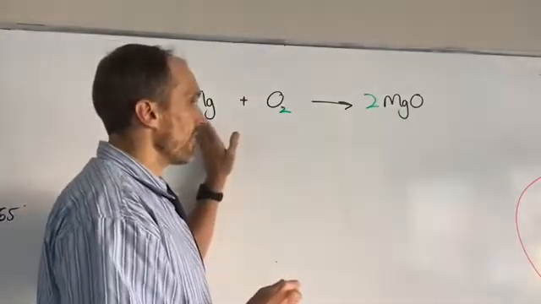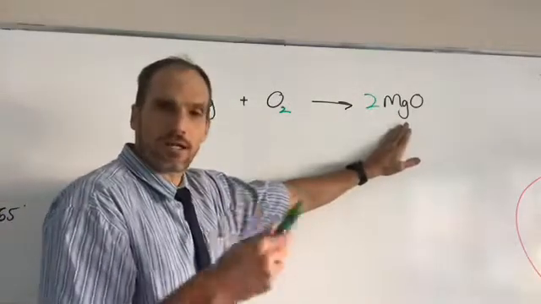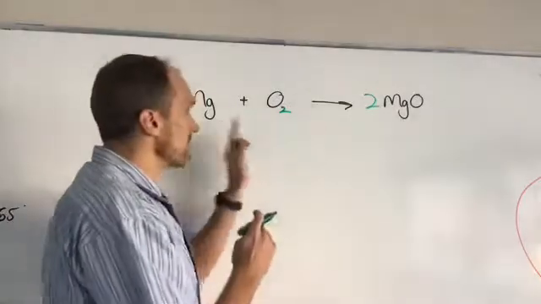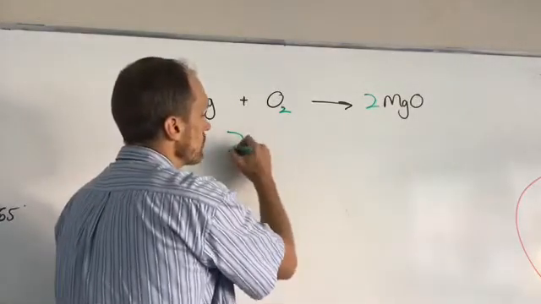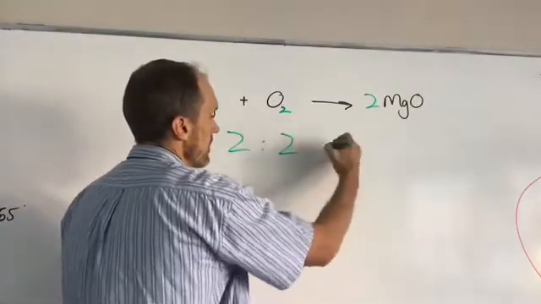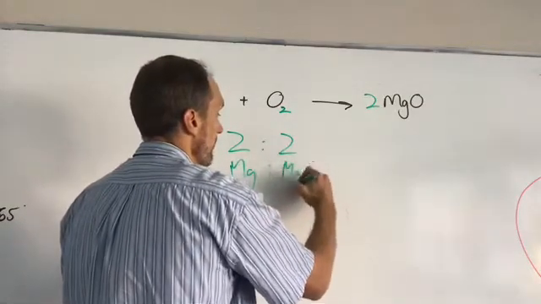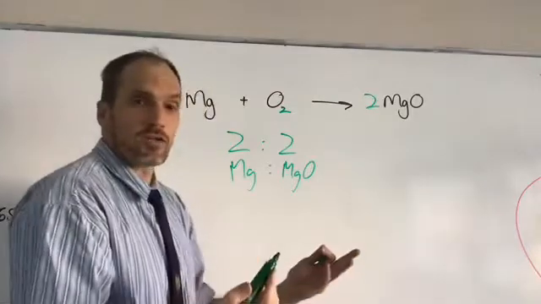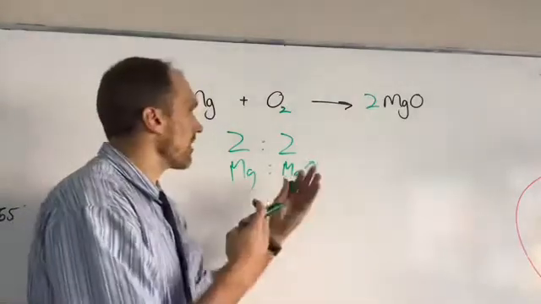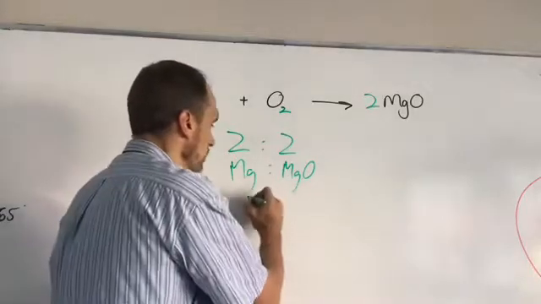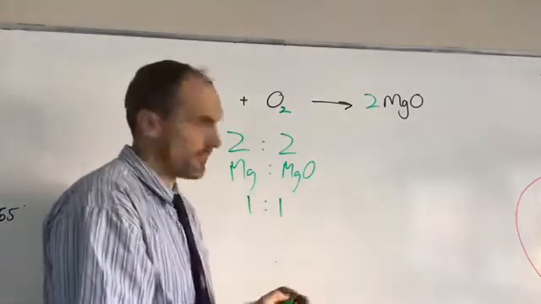Now what that does in terms of giving us a ratio is today we are going to look at the ratio of magnesium to magnesium oxide, for example, and that tells us that these two substances react in a 2:2 ratio. But with calculations, we know that when we're converting numbers the ratio is going to be 1:1, obviously, because we simplify.